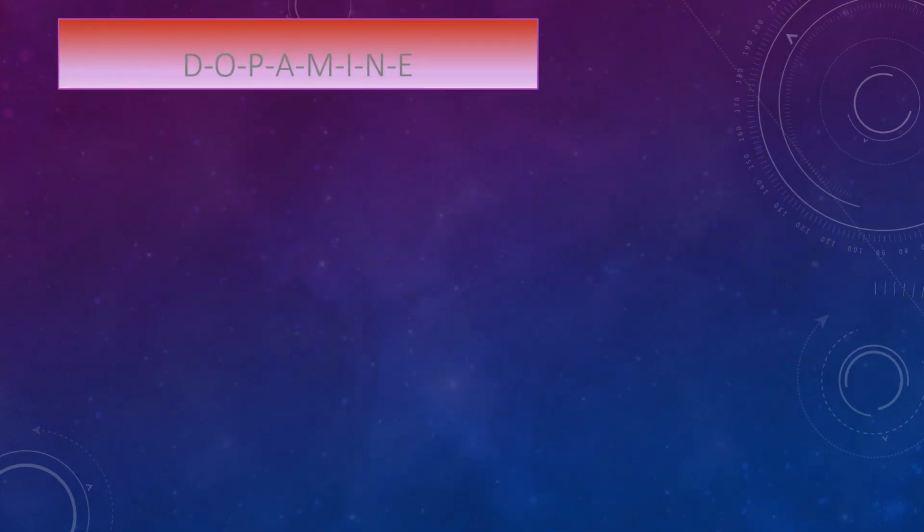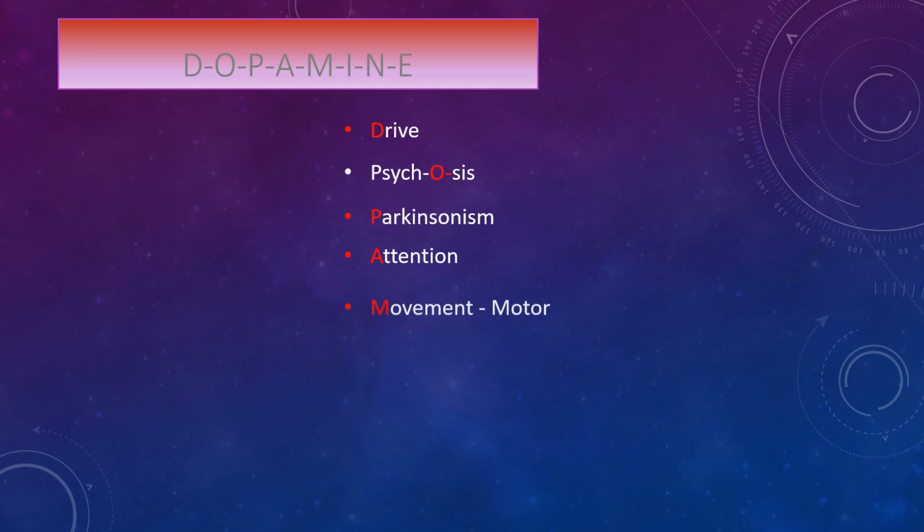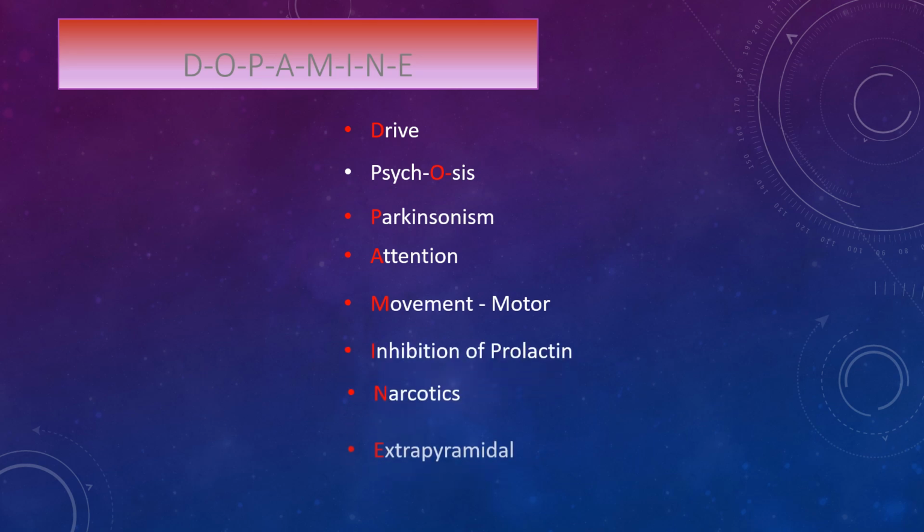The mnemonic for dopamine: D for drive, O for psychosis, P for Parkinsonism, A for attention, M for movement motor, I for inhibition of prolactin, N for narcotics, E for extrapyramidal. Drive, psychosis, Parkinsonism, attention, movement, inhibition, narcotics, extrapyramidal.